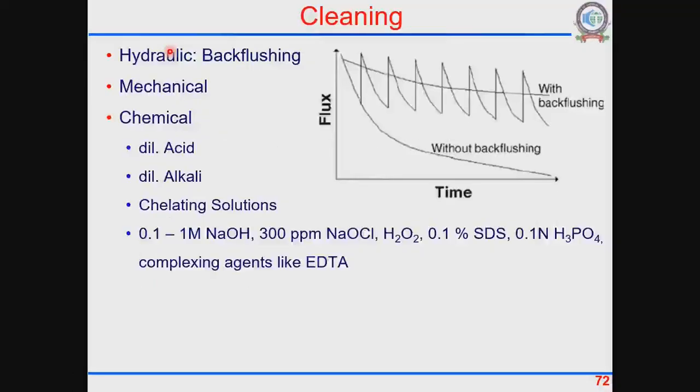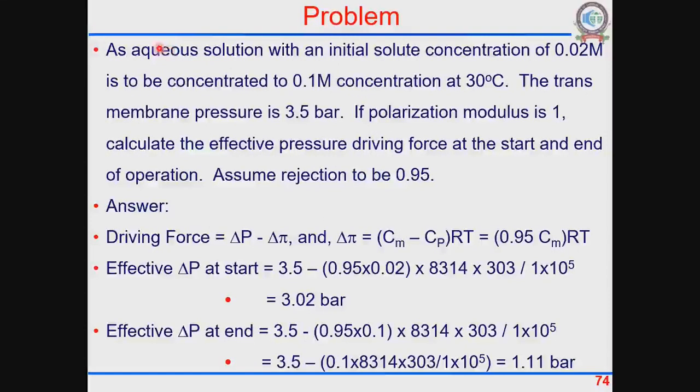And so if you put in all these values now, effective driving force is delta P minus delta pi, and delta pi is nothing but Cm minus Cp, the concentration difference across the membrane, multiplied by RT. We are of course using the Van 't Hoff equation, and if you substitute that in terms of the rejection, you will get 0.95, that's the rejection, into membrane concentration multiplied by RT.